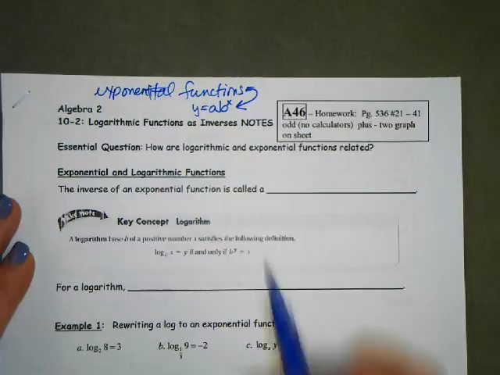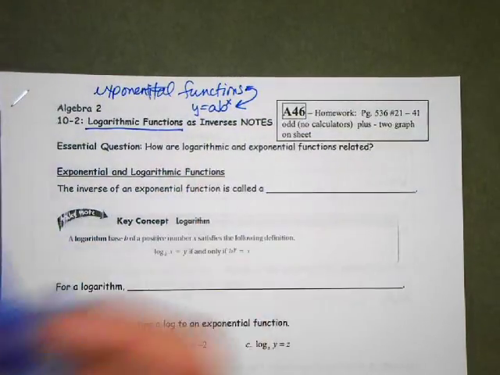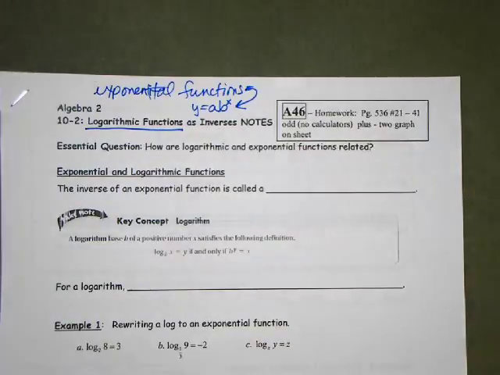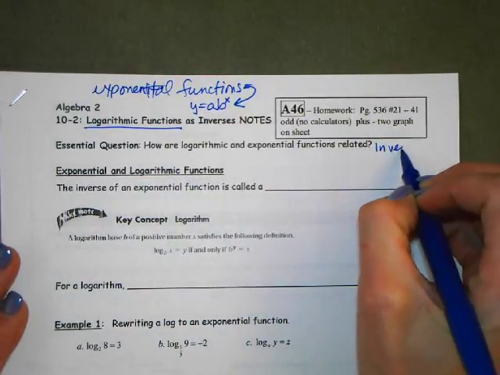What we're dealing with today is what's called logarithm functions, and it's actually what we call the inverse or opposite of an exponential function. Just like subtraction is the inverse of addition, division is the inverse of multiplication, logarithms are the inverse of exponential functions. So you can go from one to the other.